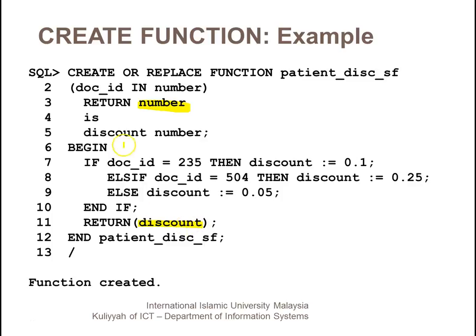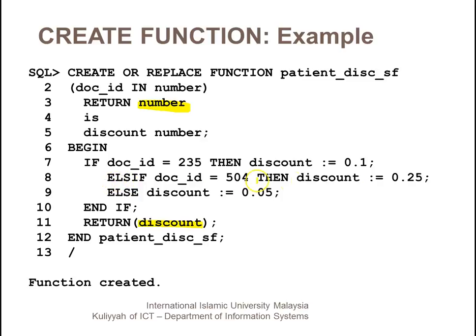Here I'm going to use discount as my output, and my output is a number. That's why you have to declare that the return data type is number. This is followed by is or as, then discount, which is the variable that we're going to work with. And then if the doctor ID is 235, we're going to assign them 10%, which is 0.1.